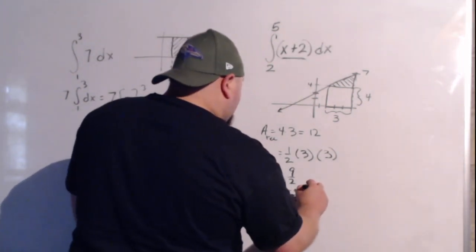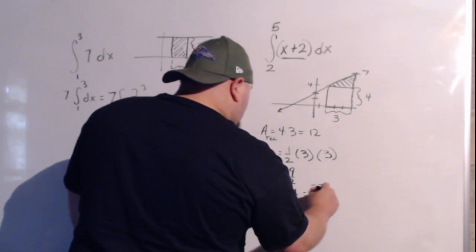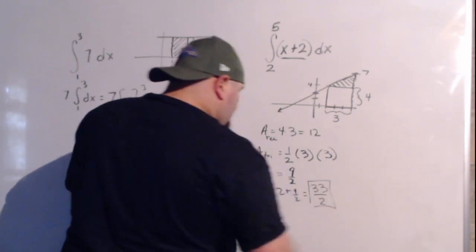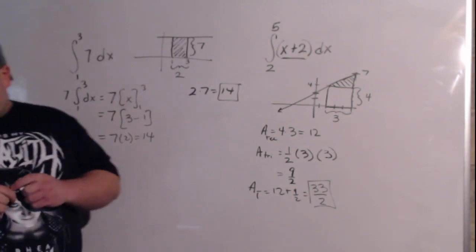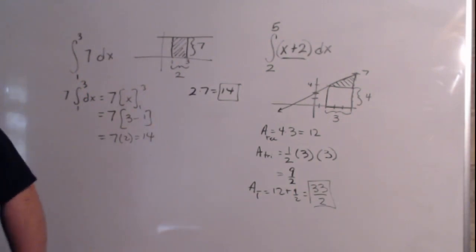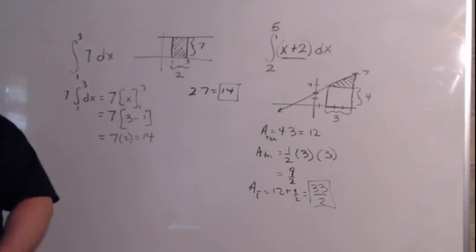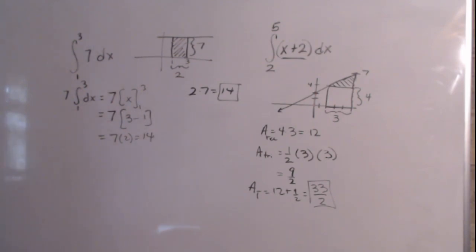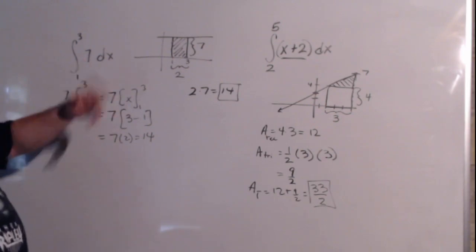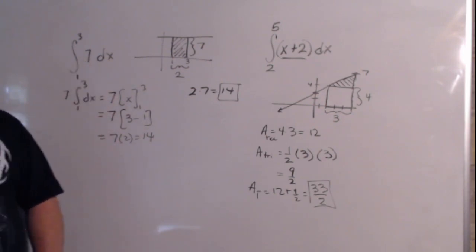So 33/2. Just checking myself on my mental math there. That's good. Okay. So those two are really easy to do by integration. The next two are not.